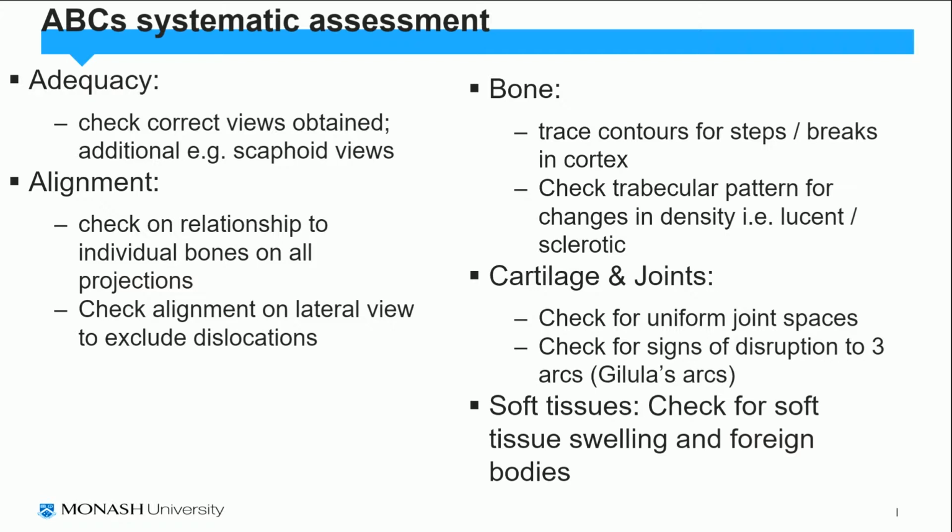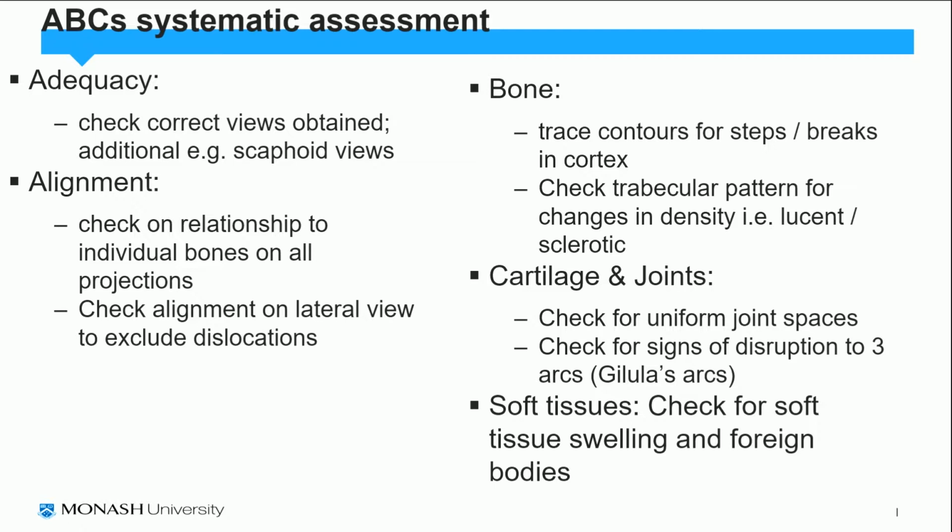So back to our ABC systematic assessment. For adequacy, there's a number of views that you need to check to ensure that you can exclude any additional fractures. For example, if there's a high suspicion of a scaphoid fracture, there should be additional scaphoid views. For the alignment, you need to check the relationship of individual bones on all of the projections so that you can exclude dislocations.